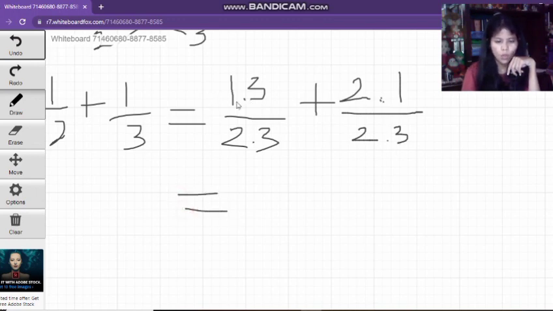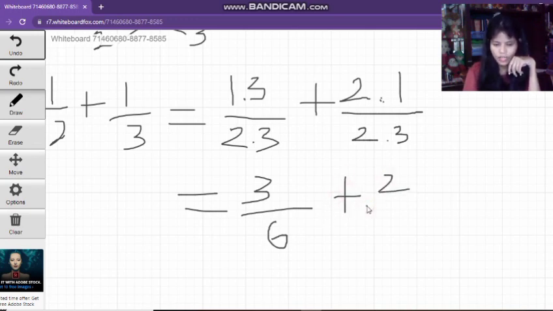Okay, 1 multiplied by 3 equals 3, over 2 multiplied by 3 equals 6, plus 2 multiplied by 1 equals 2, over 2 multiplied by 3 equals 6.